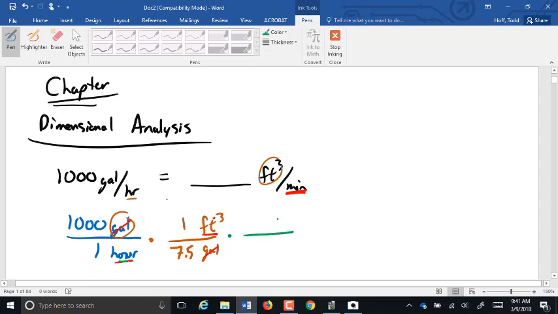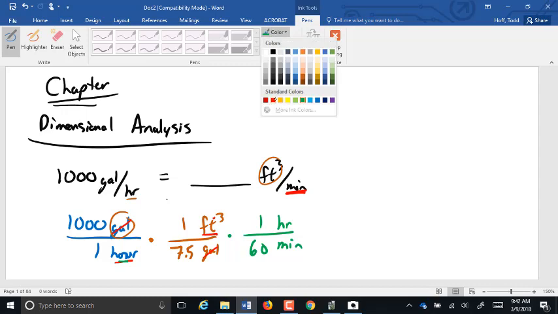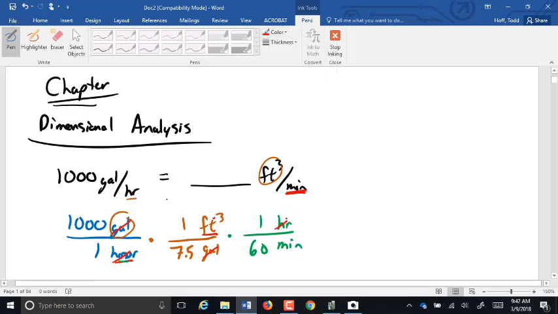Since the hours are on bottom, we're going to put hours on top and convert to minutes. 1 hour is 60 minutes. And now we see that the hours cancel out. So what we have left is cubic feet on top and minutes on bottom, which is what we want in our final unit.